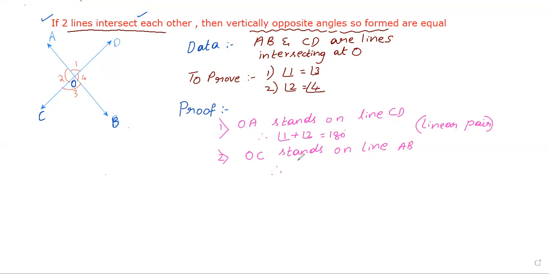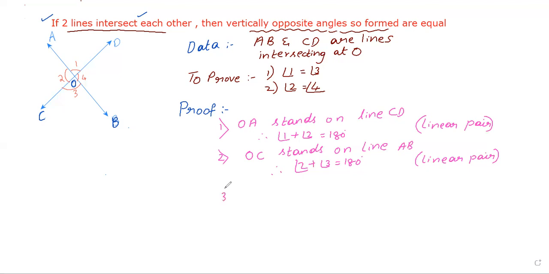Therefore, I can always state that angle 2 plus angle 3 is equal to 180 degrees. The reason being, when a ray stands on a line, you get two angles which form your linear pair, which is the sum of the two angles is equal to 180 degrees.